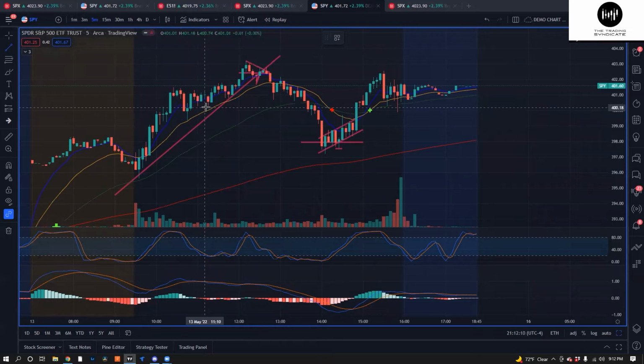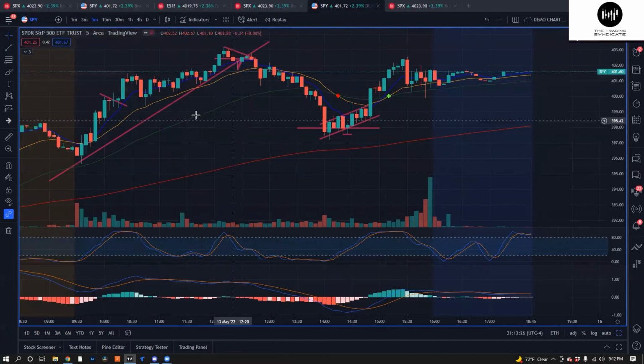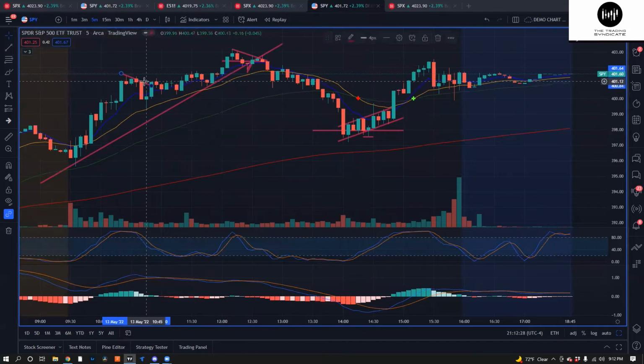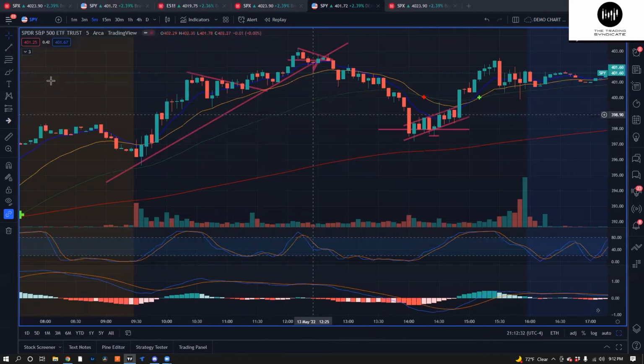So as it holds the EMAs, you're looking for a space to close between the EMAs, and then you're drawing your pattern. So for every move that looks like it might make a higher candle or a higher flag, you set the flag with the EMAs as the base, right?